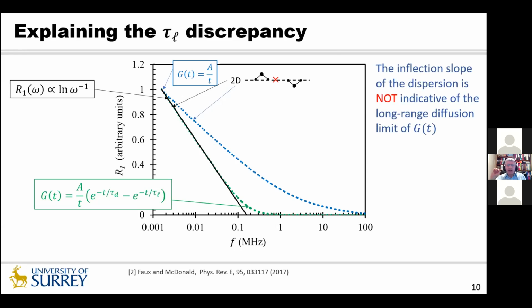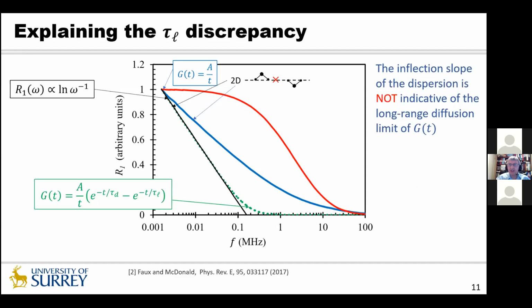You cannot, from one of your fast field cycling NMR dispersion curves, from the slope of the inflection component, deduce the nature of the diffusion process, because it takes so long to reach this long time limit. It is way off the low end frequency of the frequency range of your experiments. And that's a really very important point.